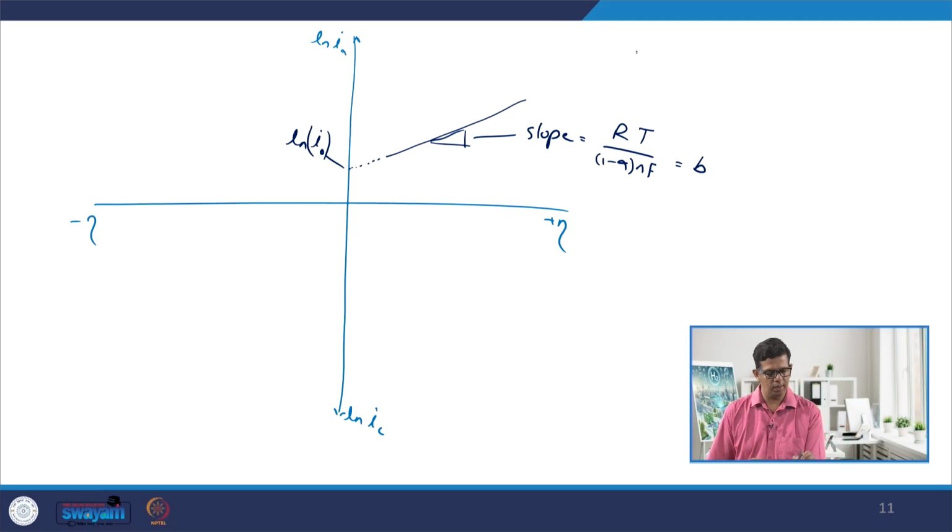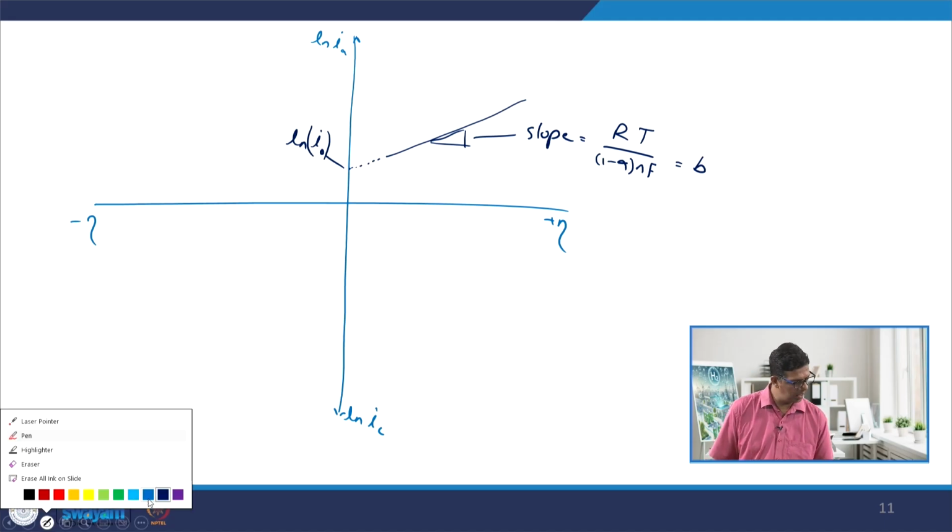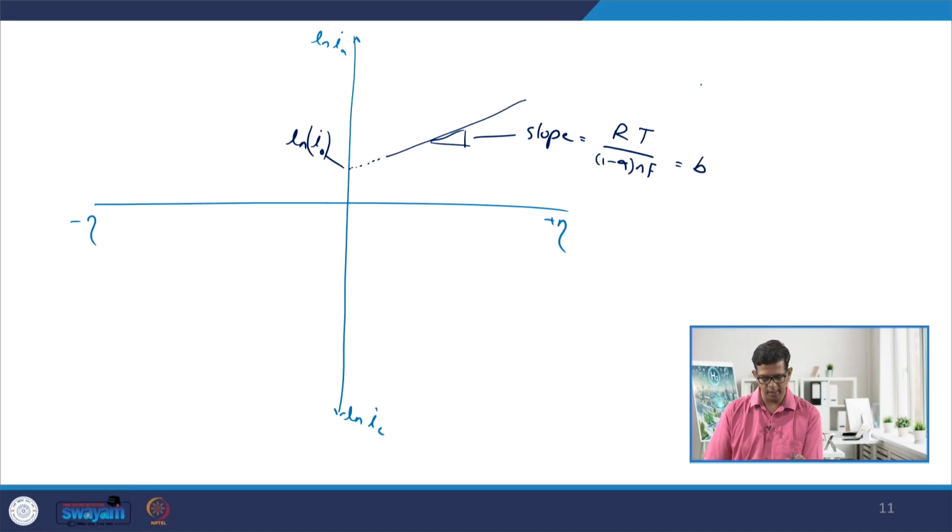So, this is for the case where eta is fairly large. This is the second case, eta is large, and we can write this slope as the same, RT by (1 minus alpha) NF.